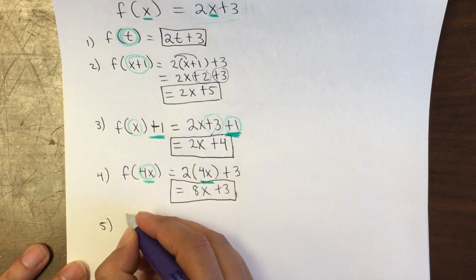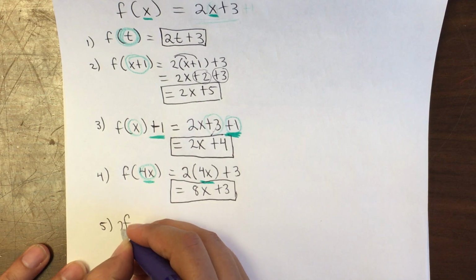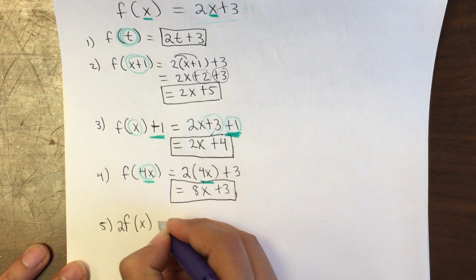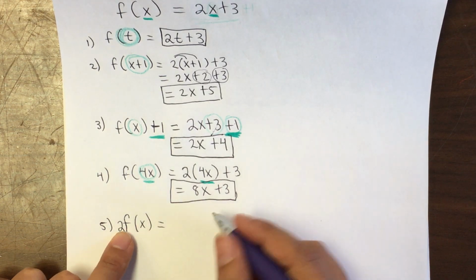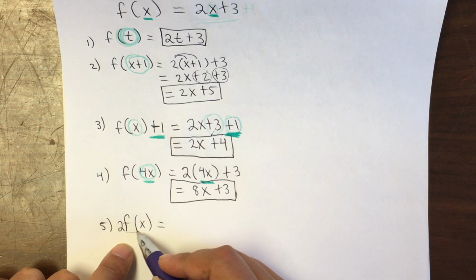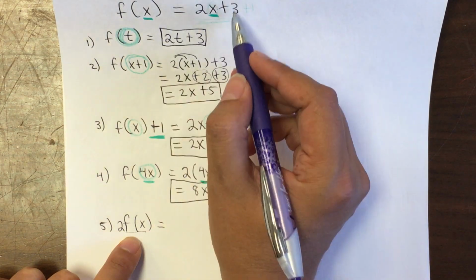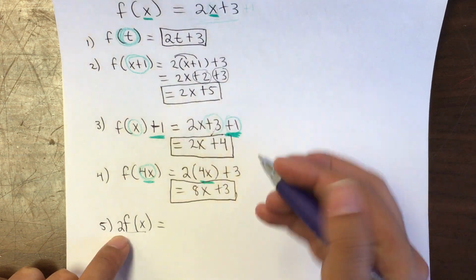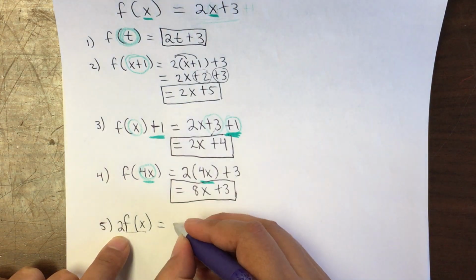And what if I double everything? When I double everything, you have 2 times f of x, meaning f of x is this whole thing, multiplied all by 2.